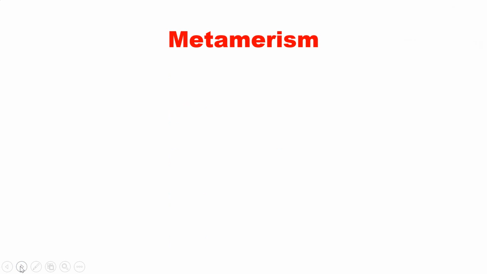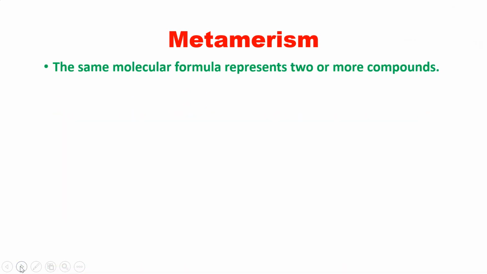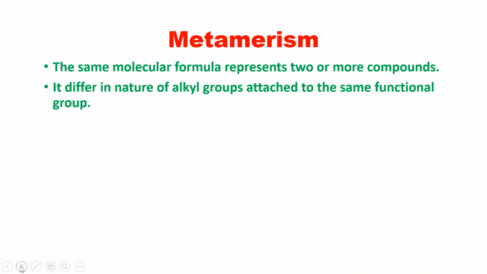Now metamerism, that is the fourth class of structural isomerism. The same molecular formula represents two or more compounds. Molecular formula will always be the same in the case of structural isomers in all the classes.